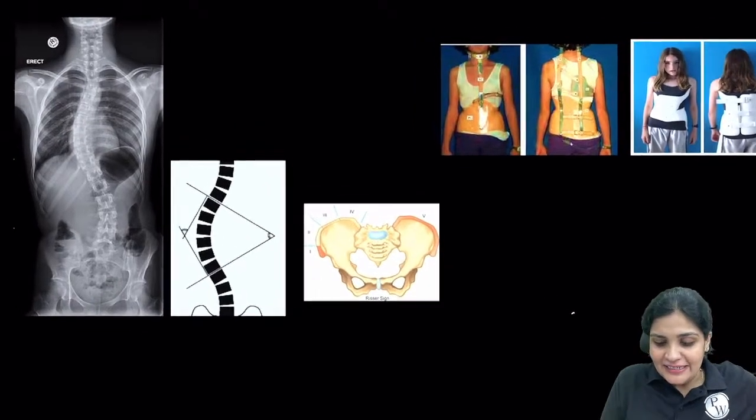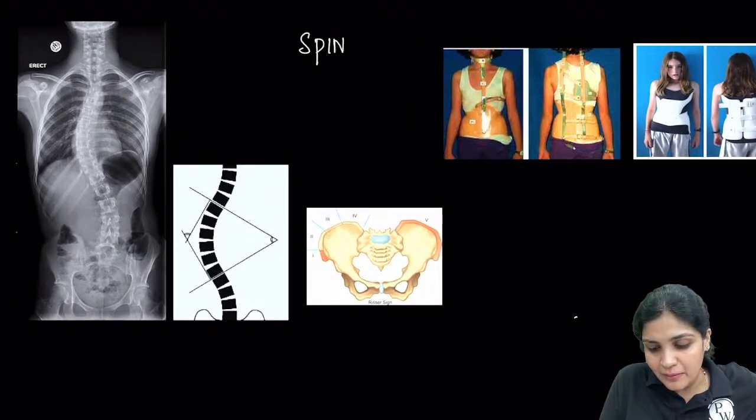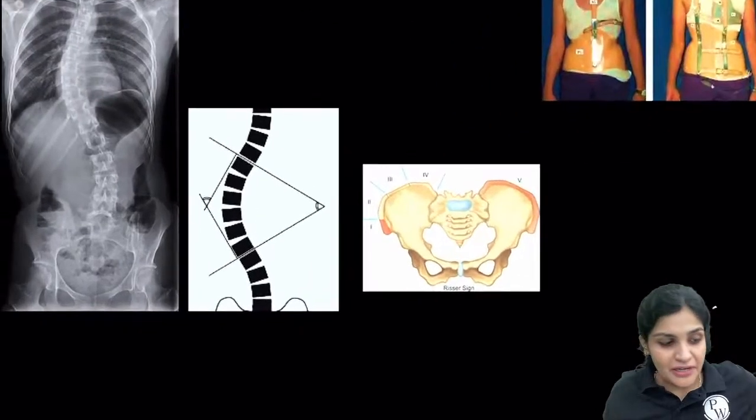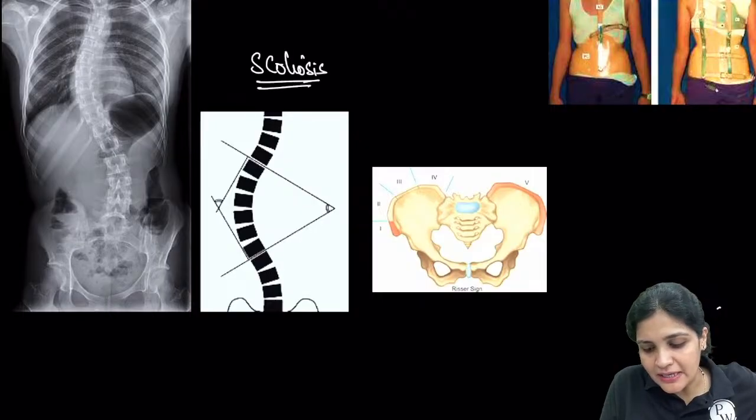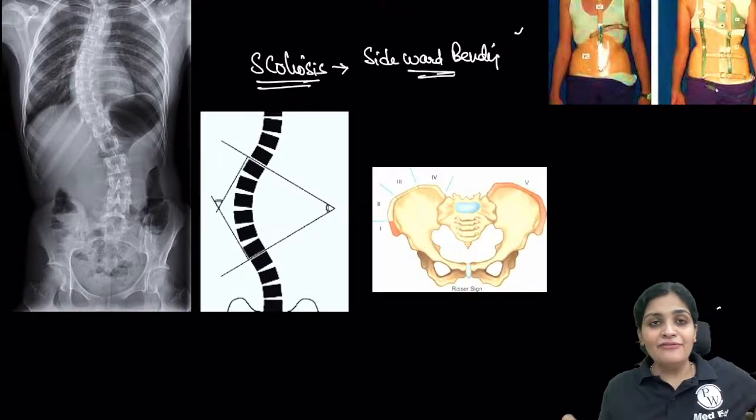Okay, now let us learn a little bit of spine. Very, very important. The first and foremost thing which is important in spine is scoliosis, and this has been asked in the exam. What is scoliosis? It is sideward bending of the spine. Usually we have lordosis.